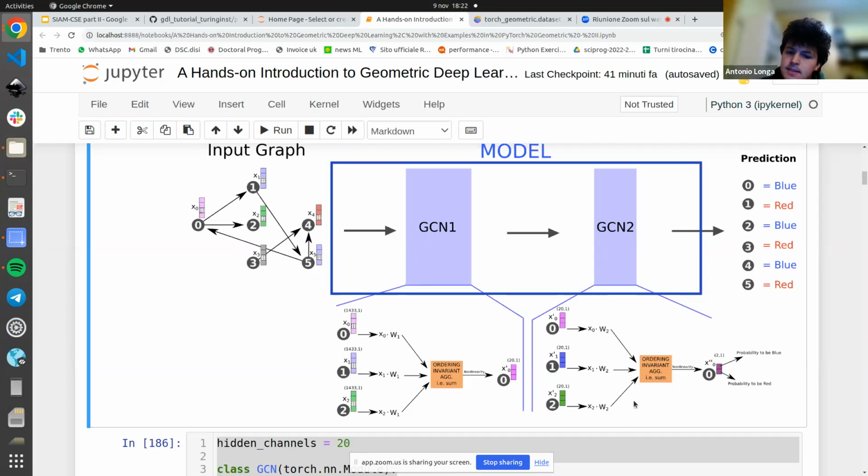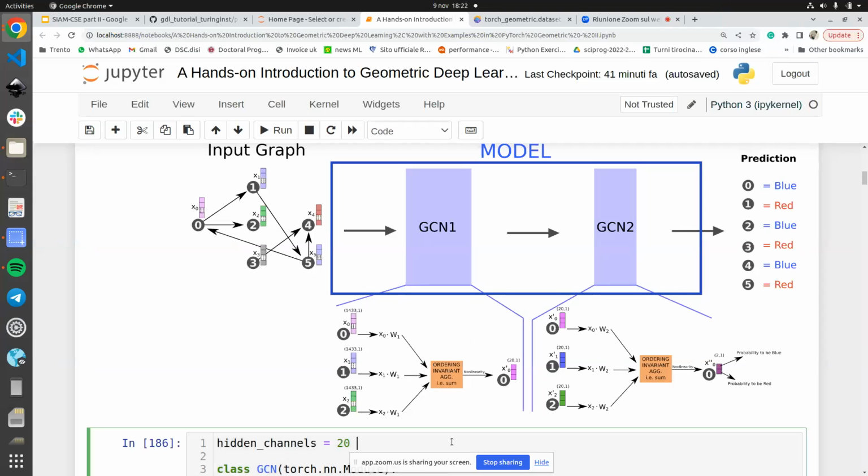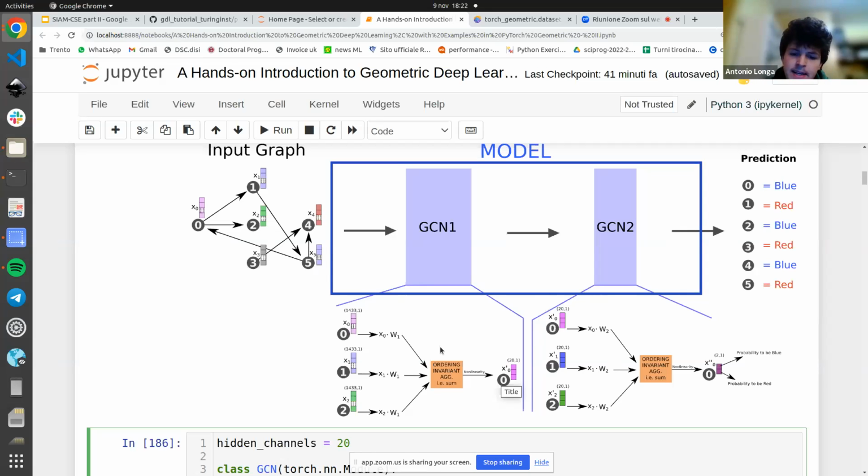Does it make sense? Yeah, but my question is about the 20 in x prime 0; is it the same with x prime 1, x prime 2? You have 20. Okay, sorry. The idea is that when you multiply the node vector times W, the shape of W determines the size of the output vector.